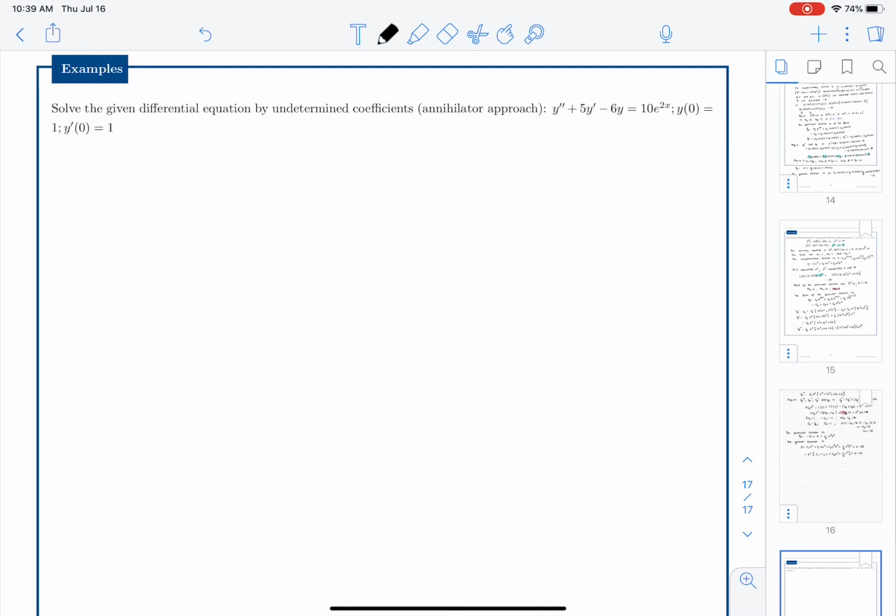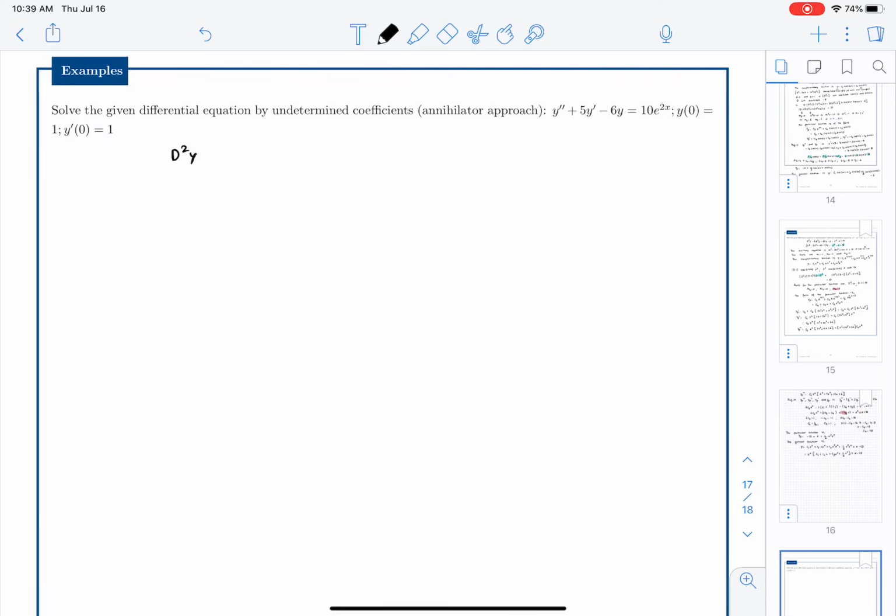Here is an initial value problem that we are going to solve using the Annihilator approach. I'm going to rewrite the differential equation as D squared y plus 5Dy minus 6y equals 10 e raised to x. If I pull the y out, I have (D squared plus 5D minus 6)y equals 10 e raised to x.